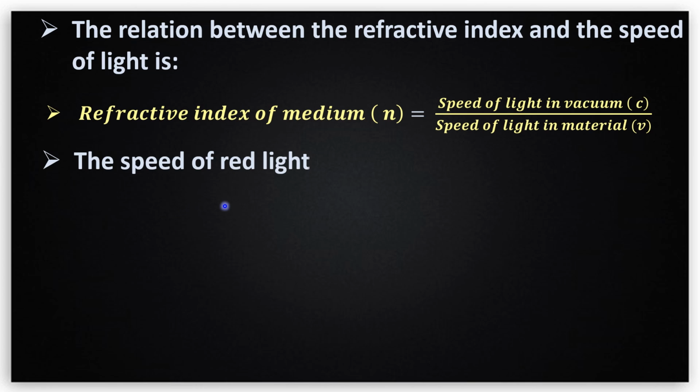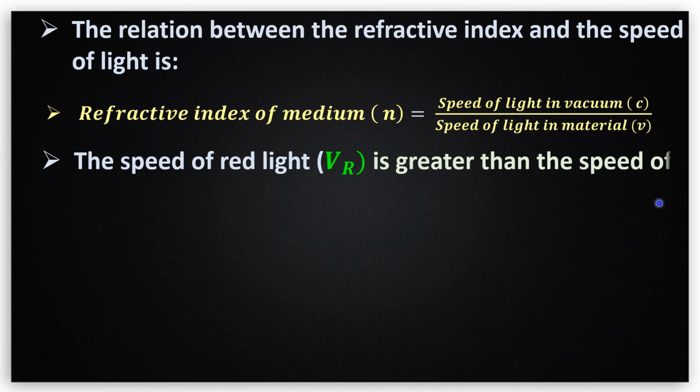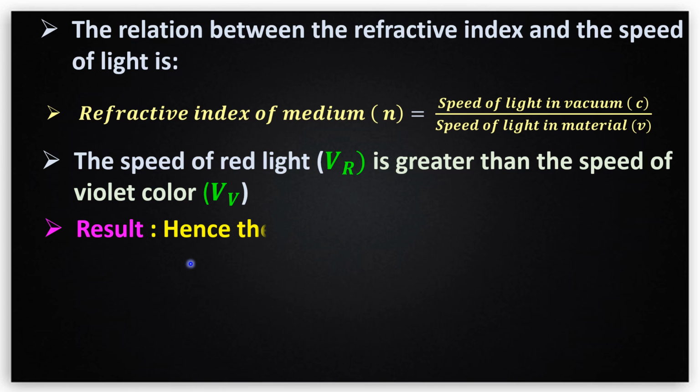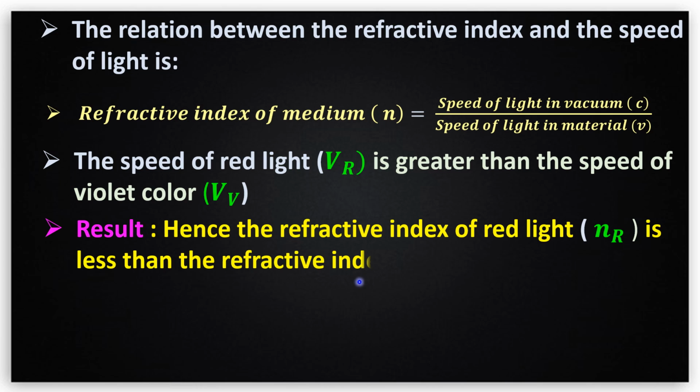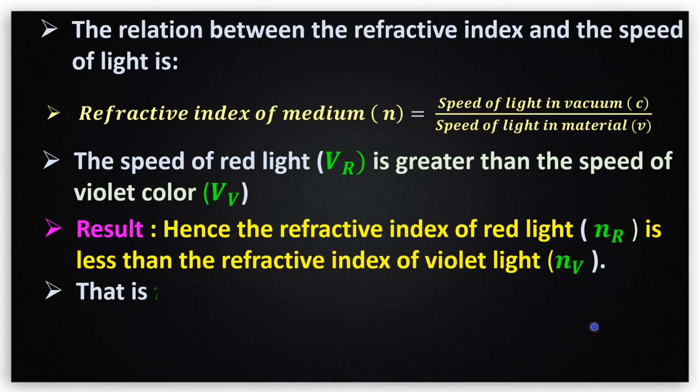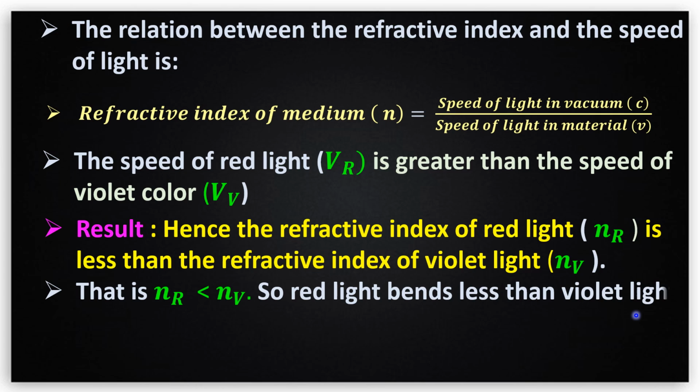So the speed of red light Vr is greater than the speed of violet light Vv. Hence, the refractive index of red light, Nr, is less than the refractive index of violet light, Nv. That is, Nr is less than Nv. So red light bends less than violet light in refraction.